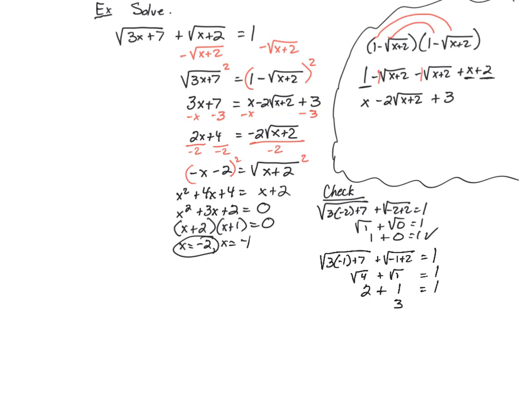That's a no. We get 3 equals 1. So in fact, this time, this number right here is extraneous. So we have negative 2 as a solution, but negative 1 is not. I hope this helps you solve some radical equations.